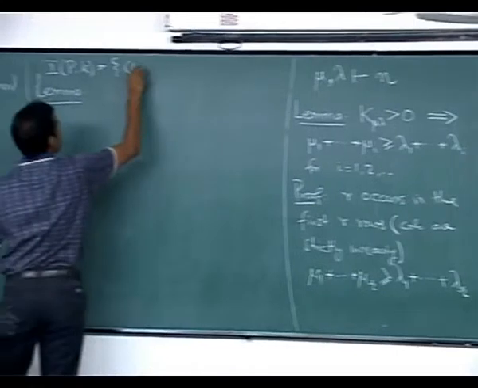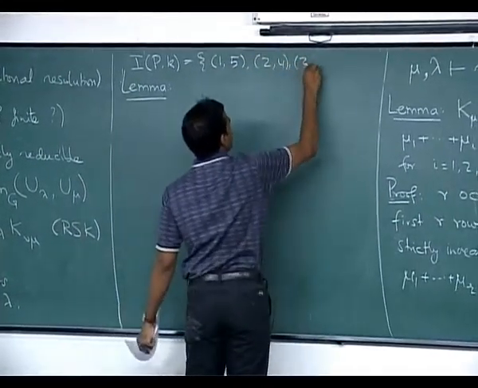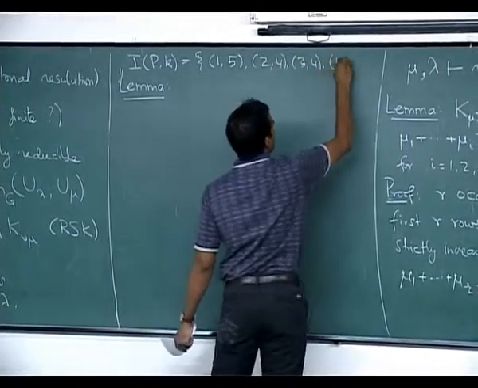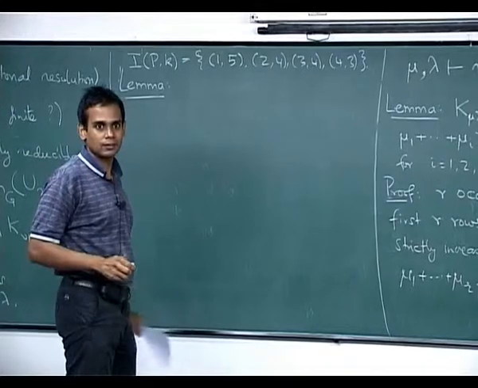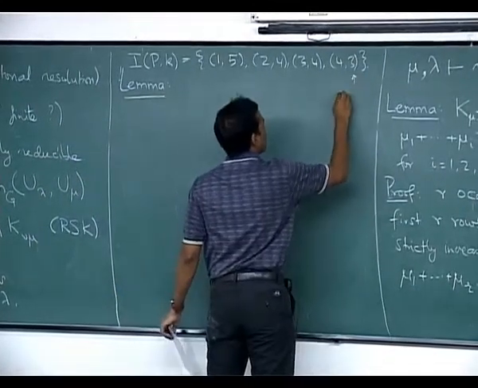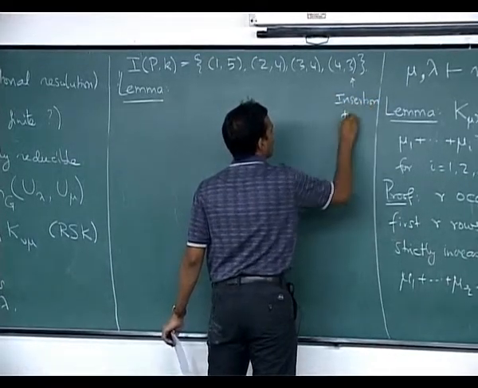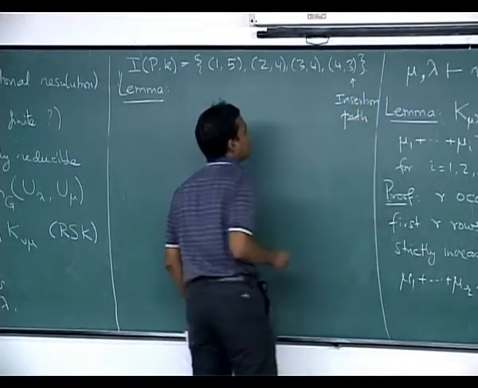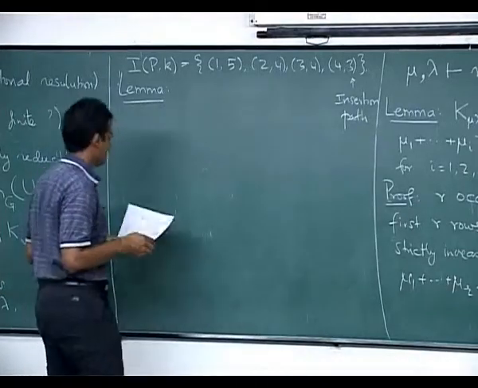So in the first row it was 5, in the second row it was 4, in the third row it was 4, in the fourth row it was 3, and that's it. So this is the insertion path. Just the coordinates of the underlined entries in that picture.